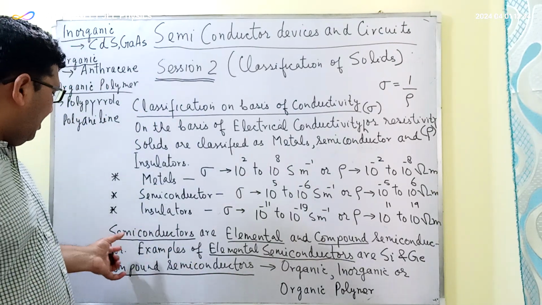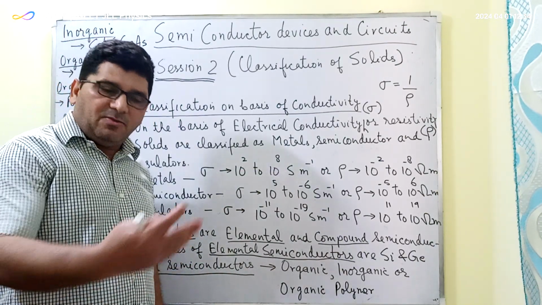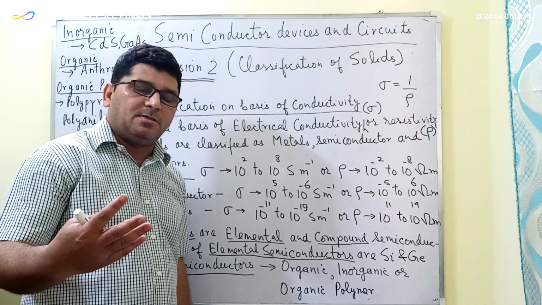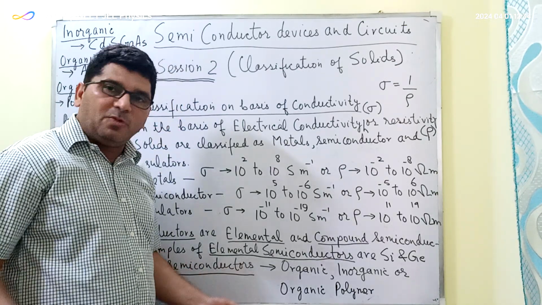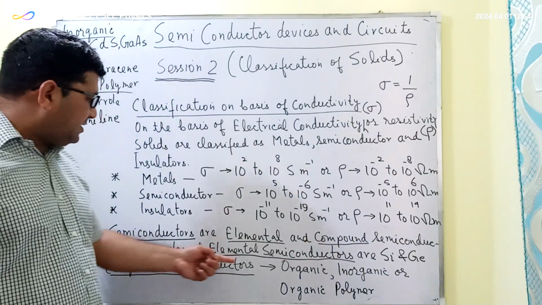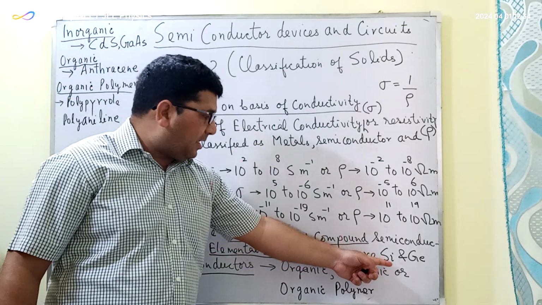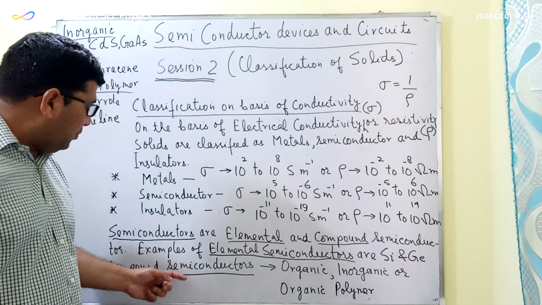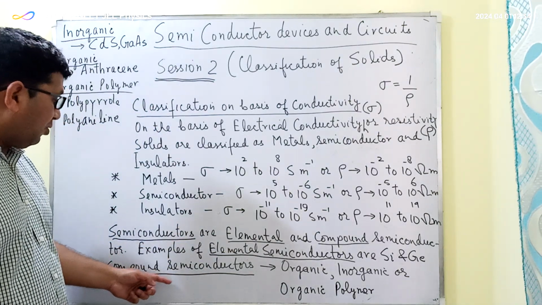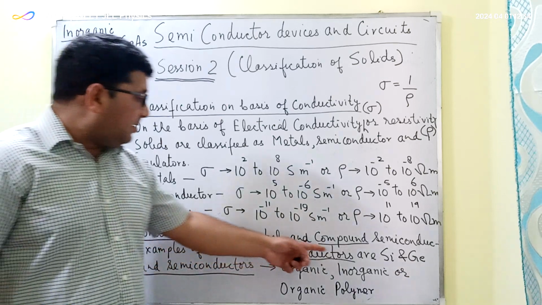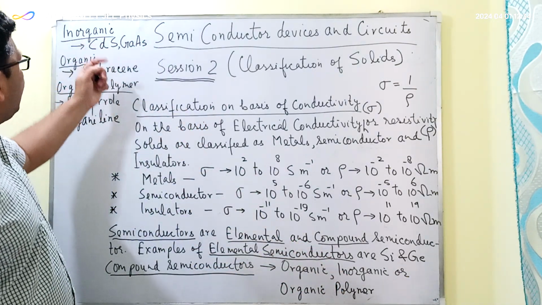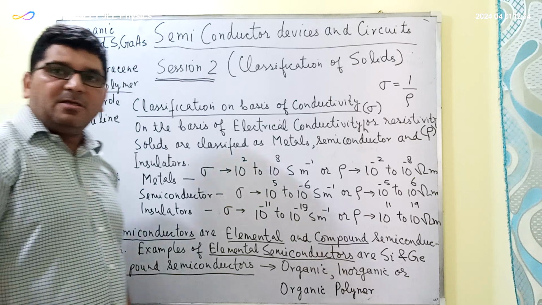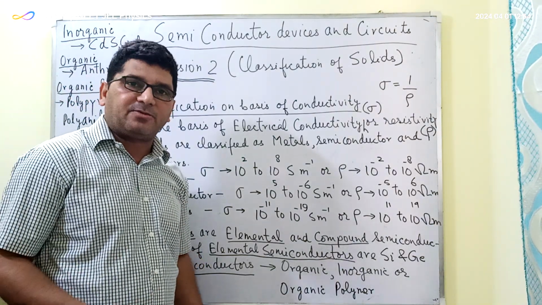So this was a brief description about the types of semiconductors which are used in the electronic industries.